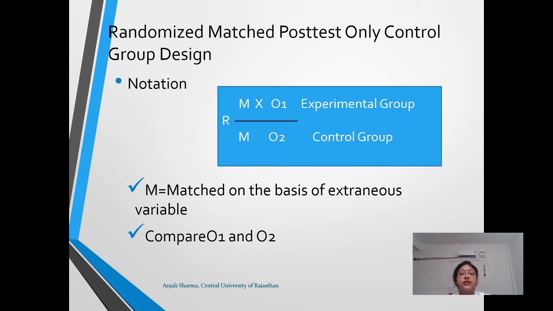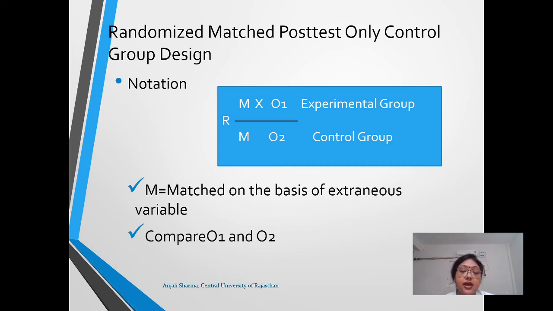Through the notation we can see R means randomization, and the continuous line shows that the two groups, experimental and control, are formed through random assignment of the units. X is a treatment, present in the experimental group and absent in the control group. And M means matched on the basis of an extraneous variable.